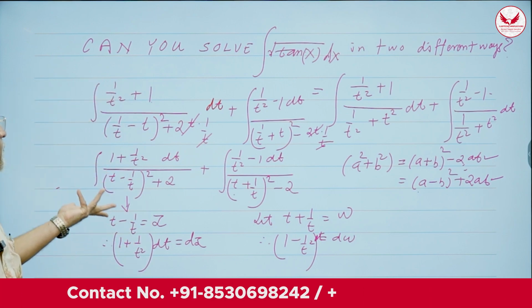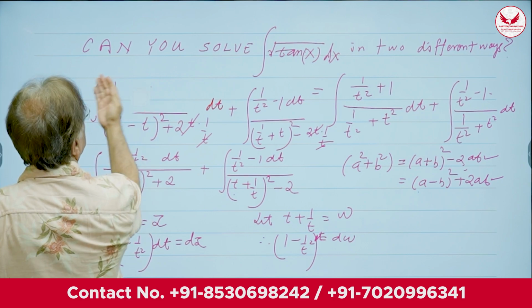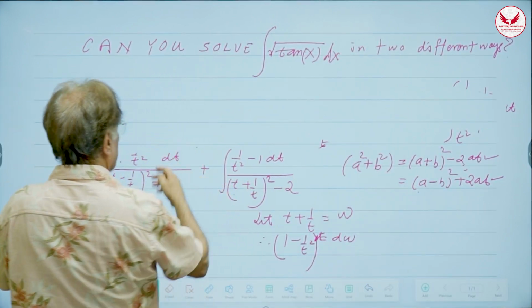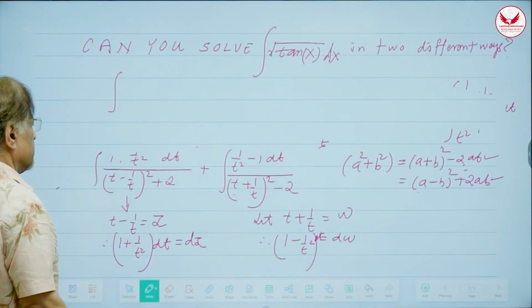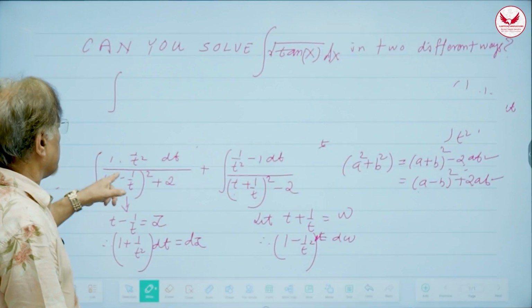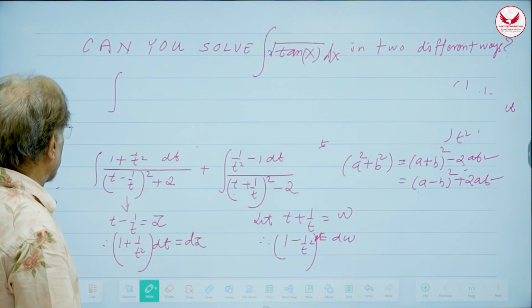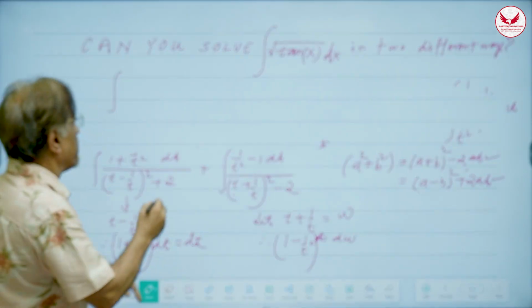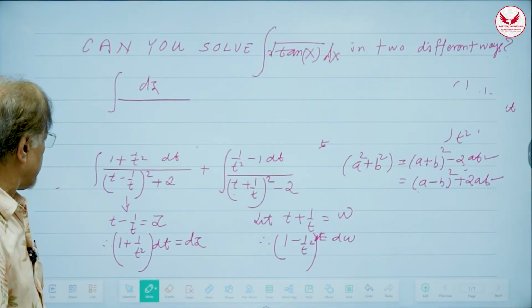Now these two problems are almost solved, because now I can write it like this. See here. So now this problem becomes now what? It is 1 plus 1 upon t square. So this entire expression is now replaced by dz.